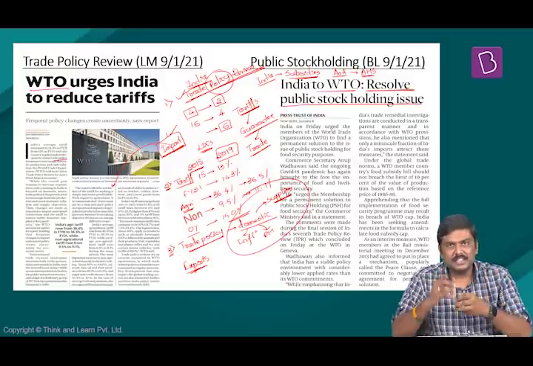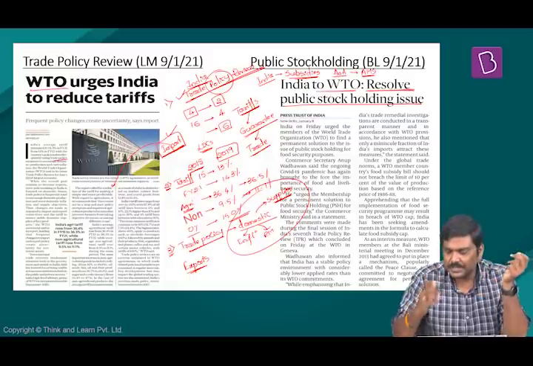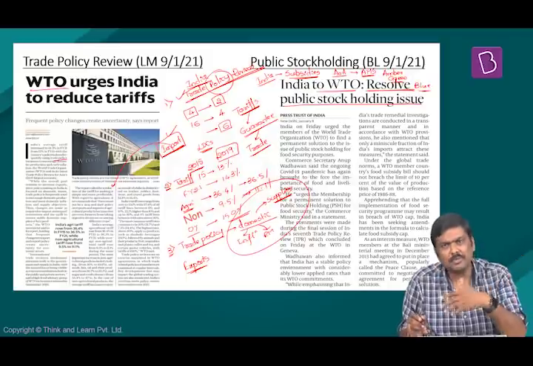That is, these subsidies have been divided into different types of boxes. The important boxes are the amber box and the green box. In addition to this, there is also a blue box, which is part of the amber box itself.